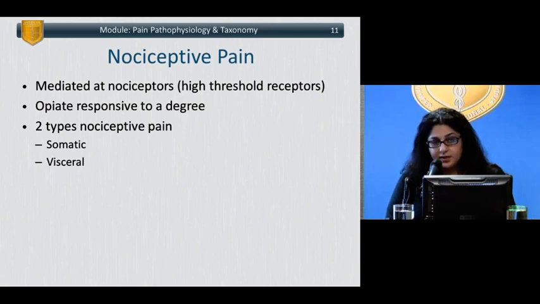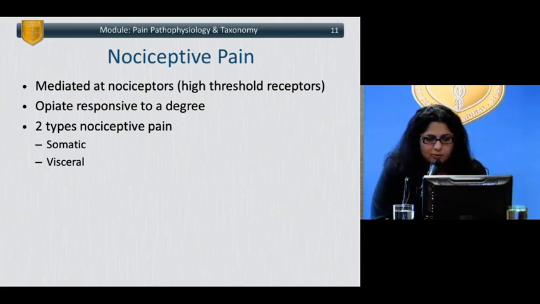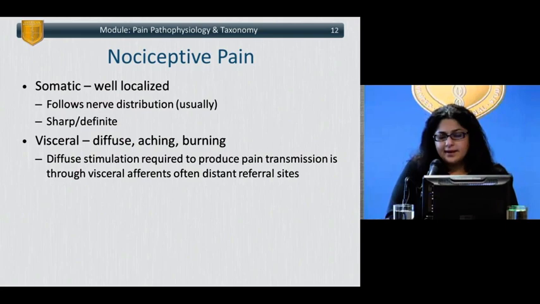There's somatic and visceral. When we refer to somatic pain, that's usually pain that's associated with nociceptors that can be found in the skin, the muscle, tendons, and fascia. When we refer to nociceptive pain that's visceral origin, that usually means nociceptors that can be found on internal organs.